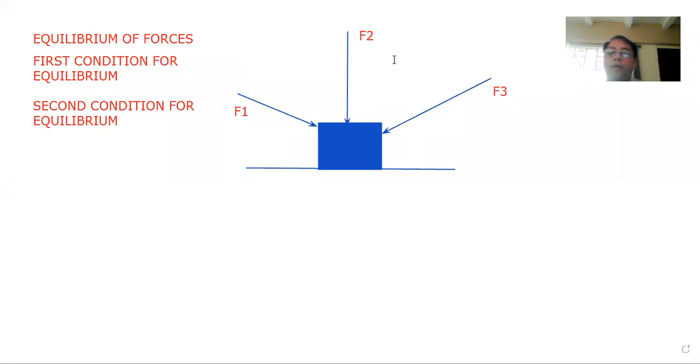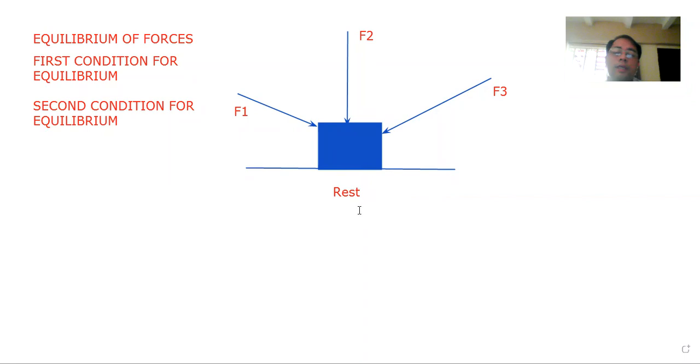Now, with the existence of all these forces, however, it was observed that the body remains at rest, despite the fact that there are 3 or more forces acting on the body. The body did not budge, did not move, did not slide. It did not even attempt to start sliding.